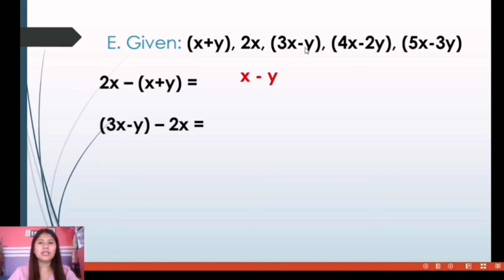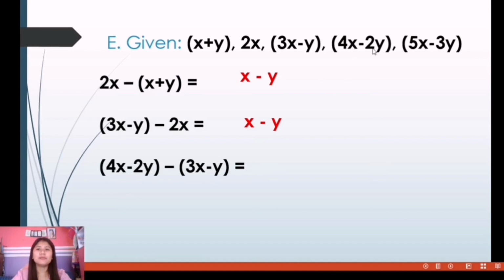Next we have 3x minus y minus 2x, right? Combining like terms, 3x minus 2x, that is x, and then just copy negative y. Okay? Next problem, we have 4x minus 2y minus 3x minus y. Same process. 4x minus 3x, that is 1x, so x lang siya. And then negative 2y minus negative y, that is negative y. So the answer of this problem is x minus y also.